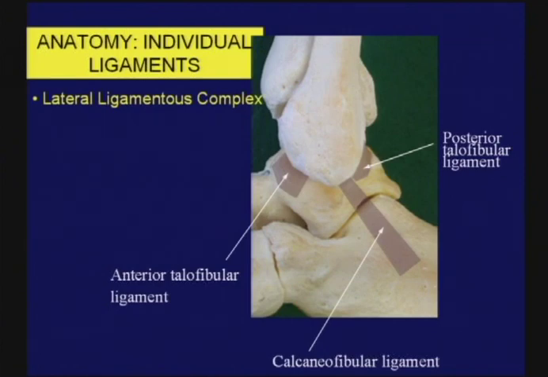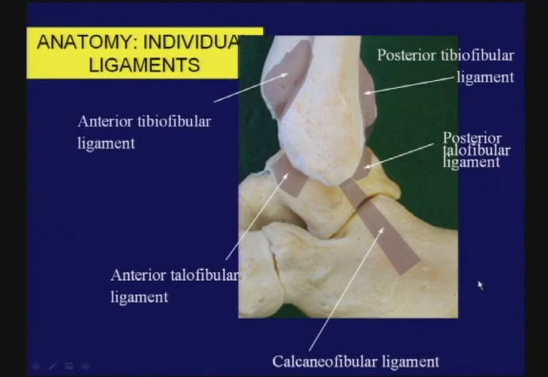But you can have injuries of the posterior subtalar joint, where the only ligament that is disrupted is the calcaneofibular ligament, and the talofibular ligaments remain intact. So that is something to remember about these ligaments. And we'll get back to this anatomy in a little while and show you some images of it.